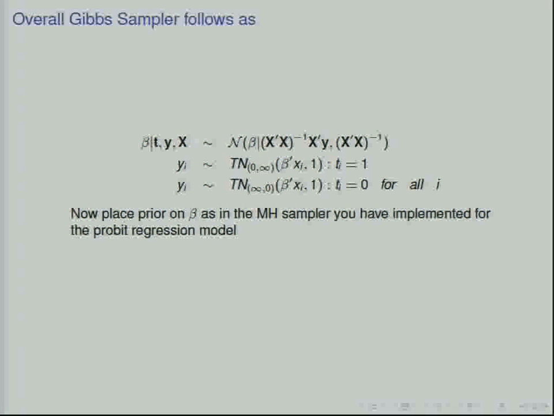We sample beta from this multivariate Gaussian, whose mean is the least squares solution for the current value of the auxiliary variables. The covariance structure never changes. And then, given the value of beta that we sampled, we sample the auxiliary variables from these truncated normals depending on the value of the class label, whether it's 1 or 0.